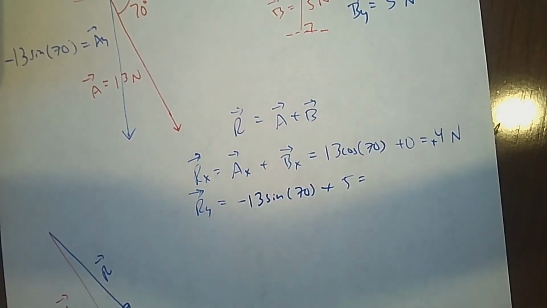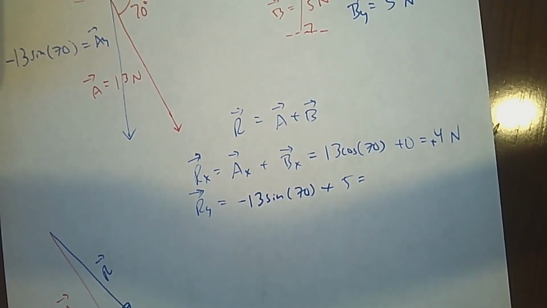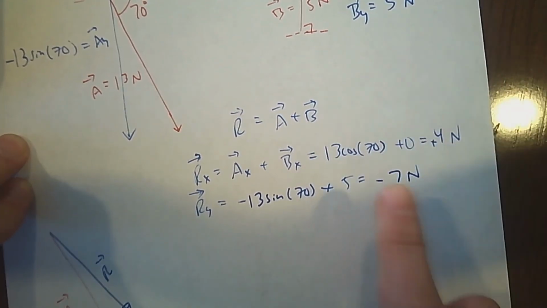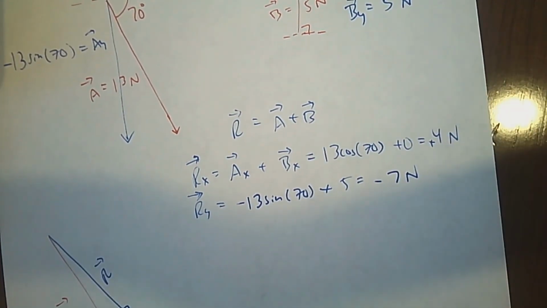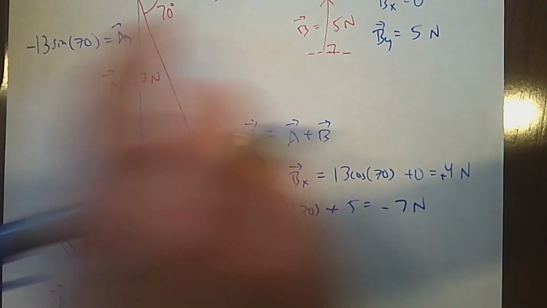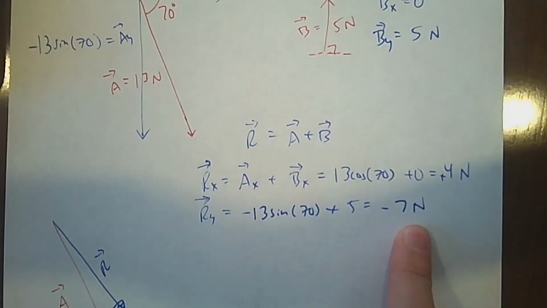So negative 7.21. That negative sign means the y component should point down, right? So when you add this value to my 5, it should point down.